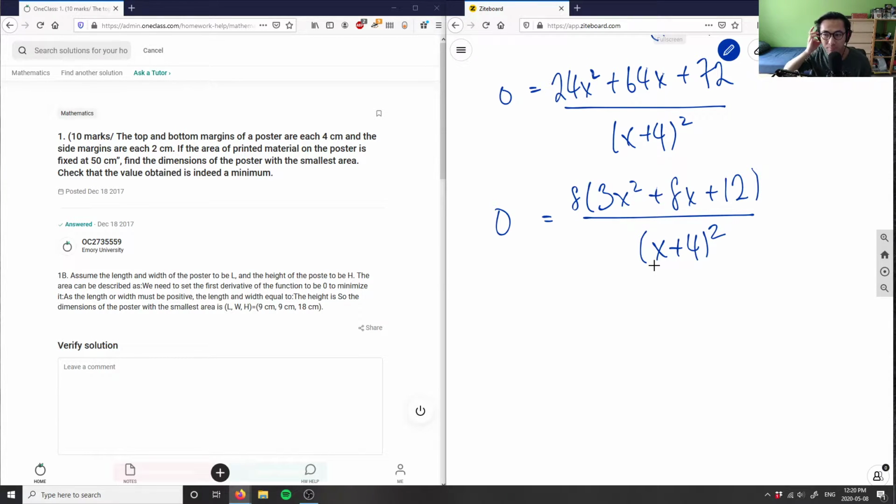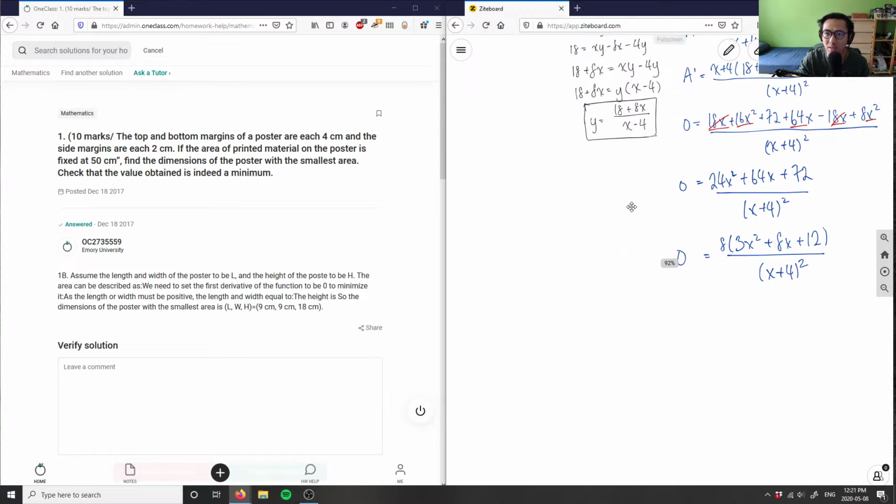So x plus 4 equals 0, therefore x has to equal negative 4. But negative 4 doesn't make any sense here because I have a negative length, which does not make sense.